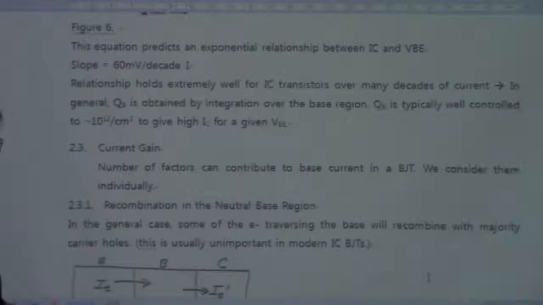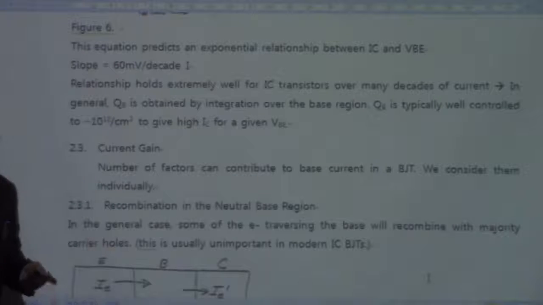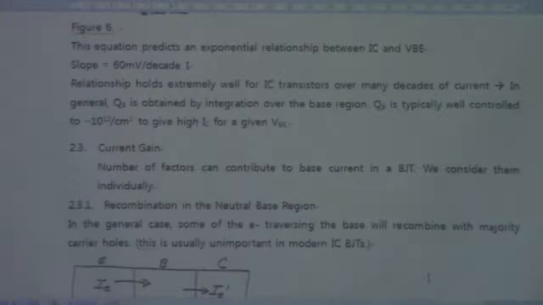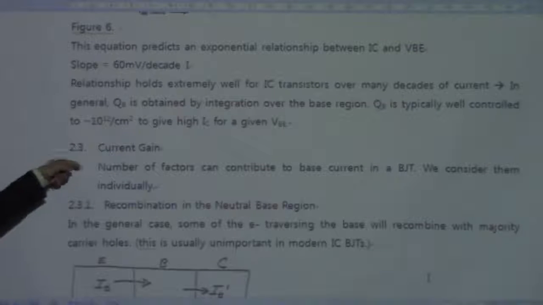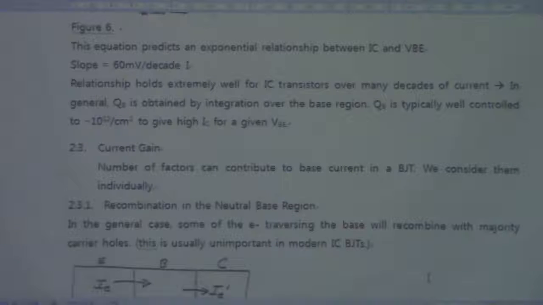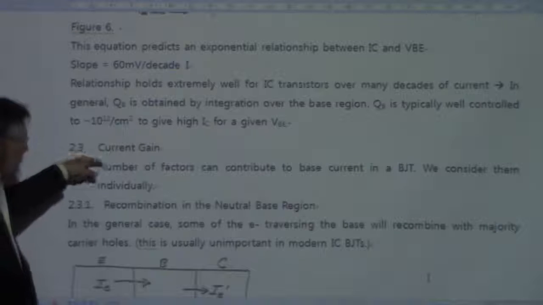Now, the switching is almost the same for bipolar and MOS transistors, but the gain is very much different between these two transistors. MOS is mainly used for switching purposes, and bipolar can be used for amplifying functions.